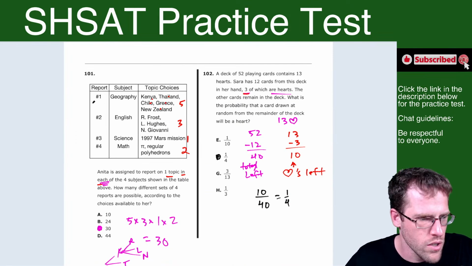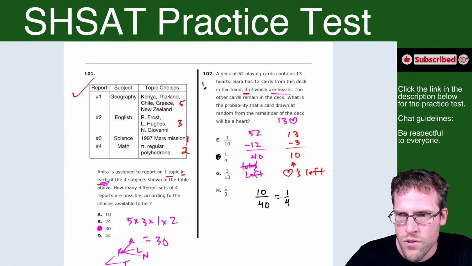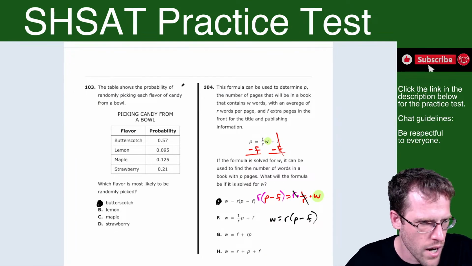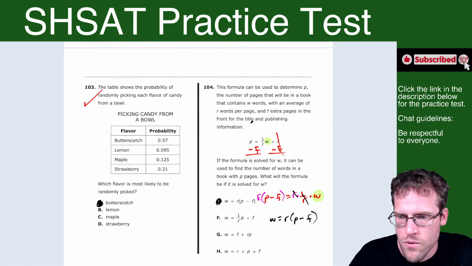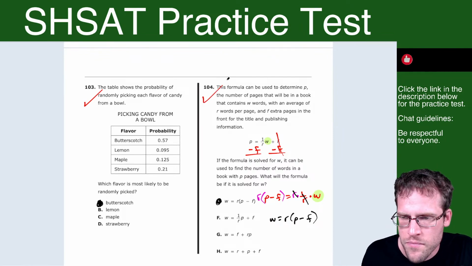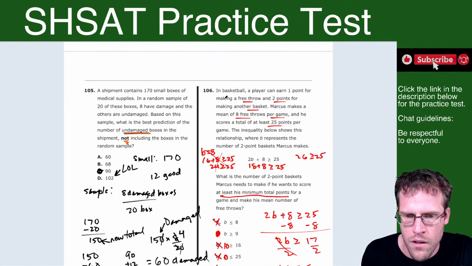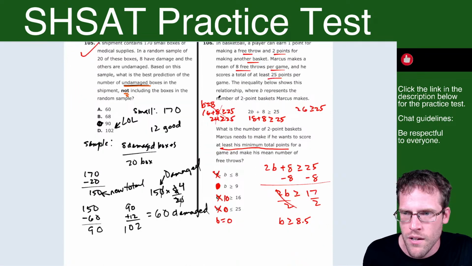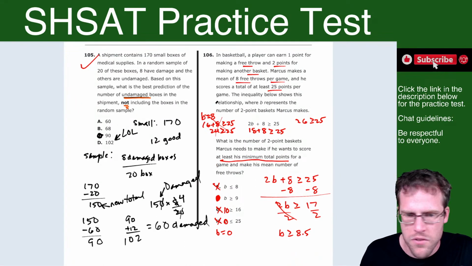Here we go. 101 is C. 102 is F. 103, you wacky question, was A. All right, cool. 104 is choice E. 105 is choice C. That was the sneaky one. Yeah, the trap. All right, bear traps everywhere.